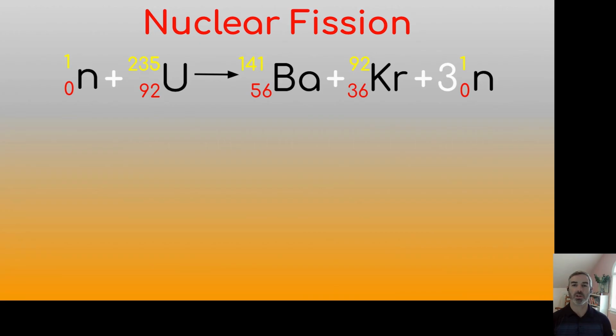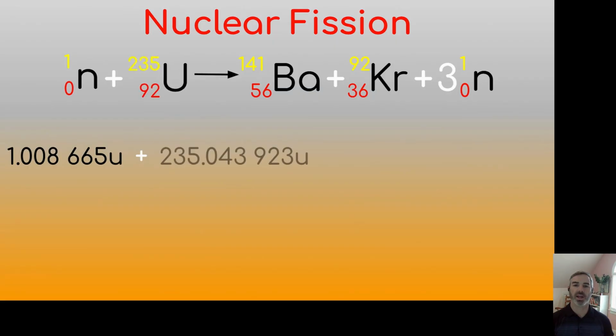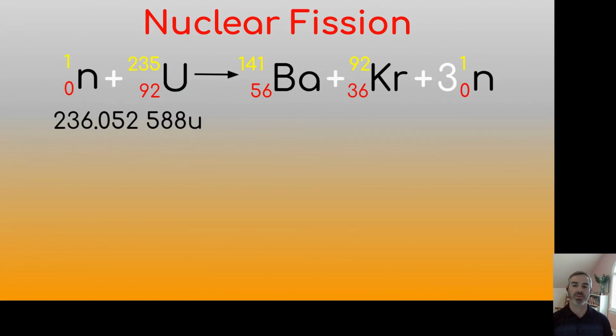So if that's all conserved, where is this mass going that we lose from the reactants to the products? If we look up on a table, we're going to have to go to a very large number of decimal places. A neutron has a unified atomic mass unit of this, and U-235 has an atomic mass unit of this. We add those together, and it gives us 236.052588 unified atomic mass units.